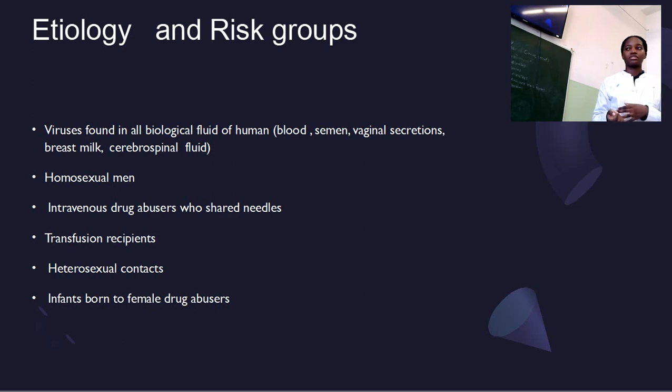There's no antiseptic process or prevention done by those people. Then transfusion recipients, because foreign bodies are entering your body. Then heterosexual contacts, maybe there are cuts on your lips and so on, because we said it passes through all human fluids, right? And then infants born to female drug abusers as well.